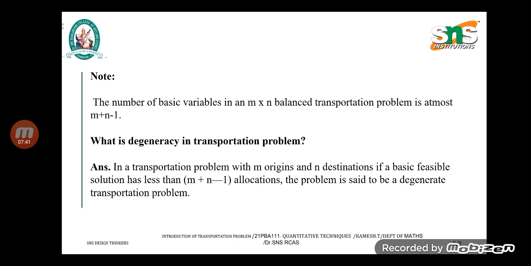So how do we resolve the degeneracy? We create a dummy epsilon in an independent position, and then the number of occupied cells becomes equal to m plus n minus 1 allocations. Then if these two are equal, it becomes non-degenerate.